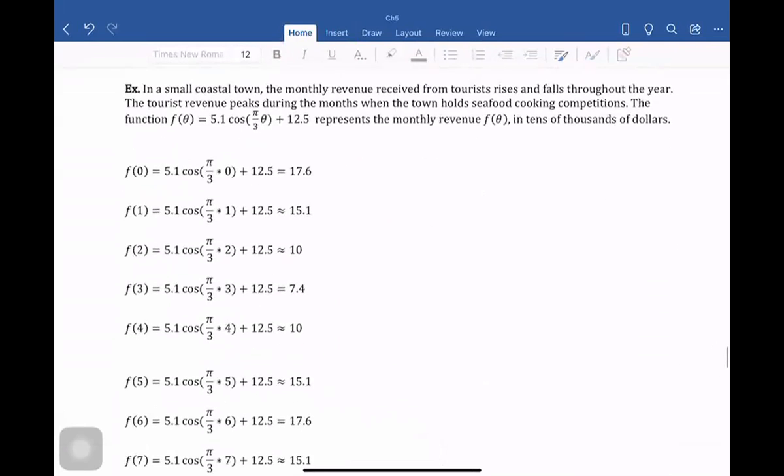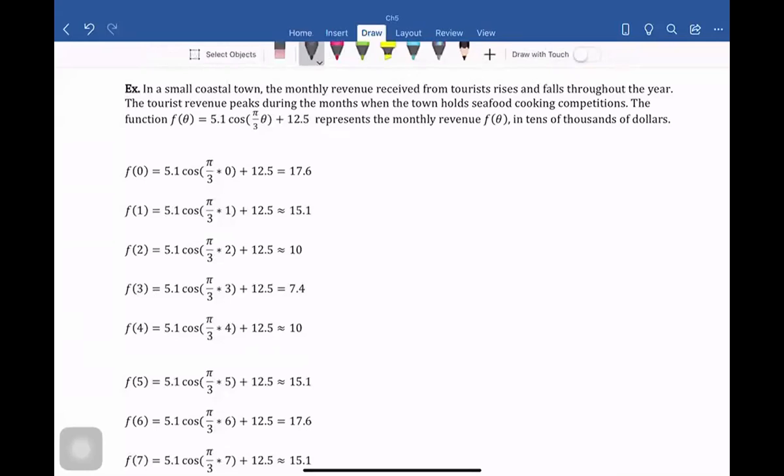Next one, this one appears in your homework. The example is in a small coastal town, the monthly revenue received from the tourists rises and falls throughout the year. The tourist revenue peaks during the months when the town holds the seafood cooking competitions.